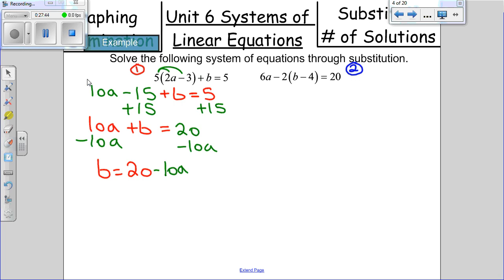Now that I have one variable isolated, what do I want to do with that one variable? I want to move it from equation 1 into equation 2. When I do that substitution, everything else stays the same. So I have 6a minus 2 bracket. Instead of b, now I have bracket 20 minus 10a.